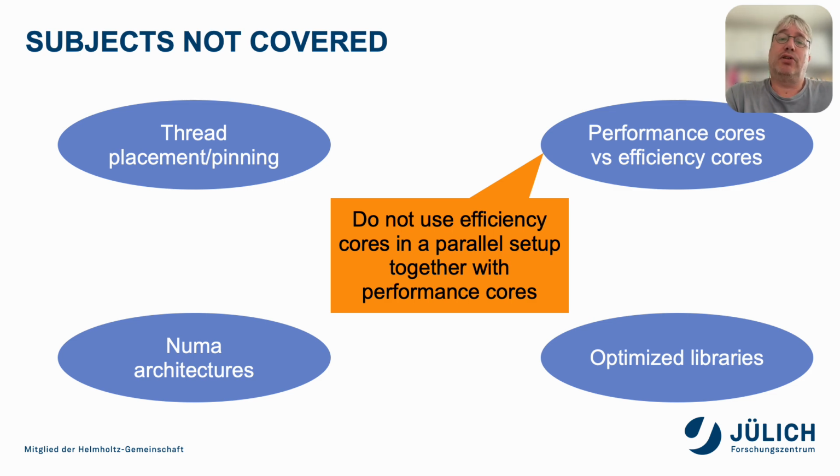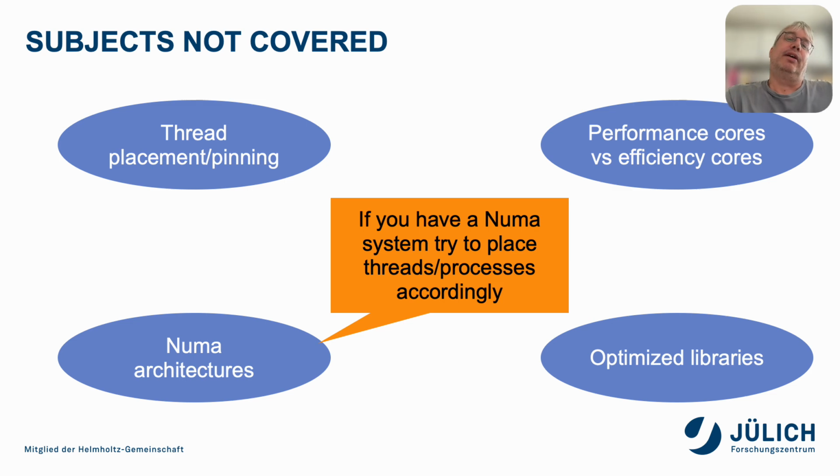So if you have efficiency cores and performance cores, and you distribute your code such that it uses both of them, then usually the code runs as fast as the slowest core runs, right? Which is then usually this efficiency core, and that is not usually what you want to do. And it can be that even if you use more cores, it can be much slower than if you only would use the performance cores.